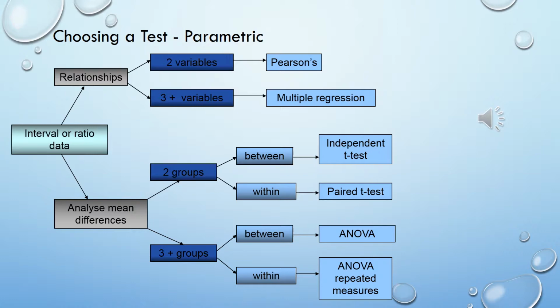Nominal data would give us something like male-female. We have to understand that because that will send us down one of two roads. It'll send us down parametric or it'll send us down non-parametric. And we'll discuss that a little bit further on.